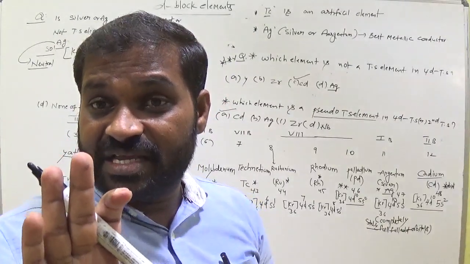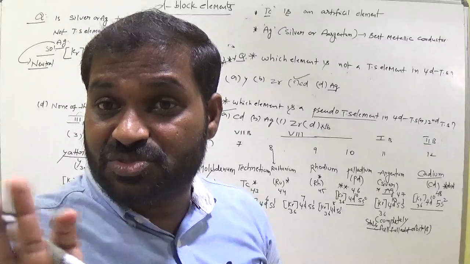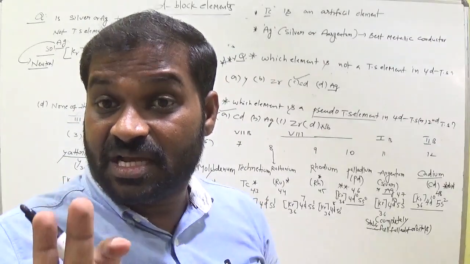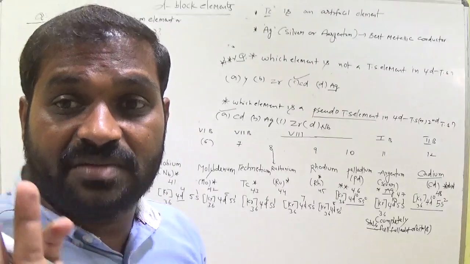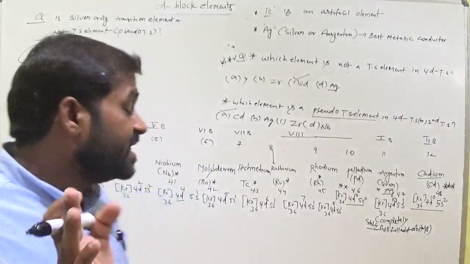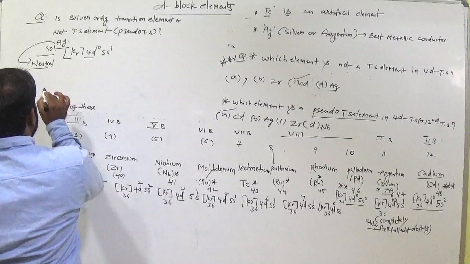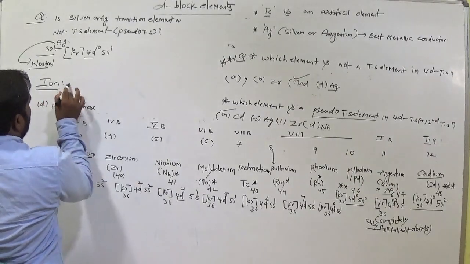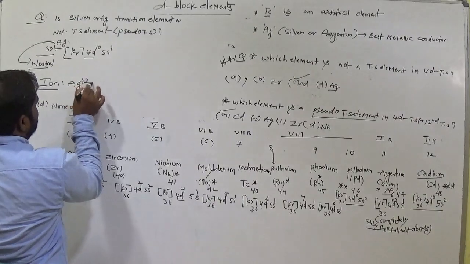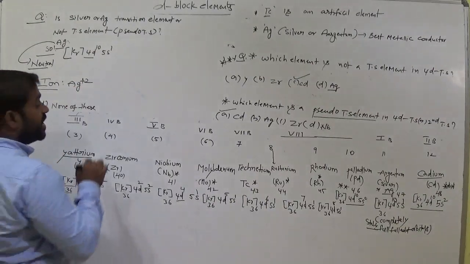But silver is a transition element, not a pseudo transition element. Remember that silver is clearly a transition element. How does it become a transition element? In the ion state, silver can lose 2 electrons.